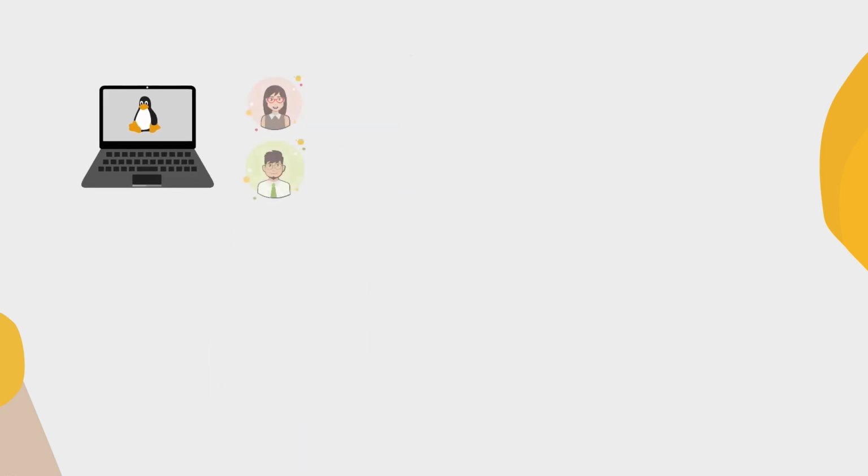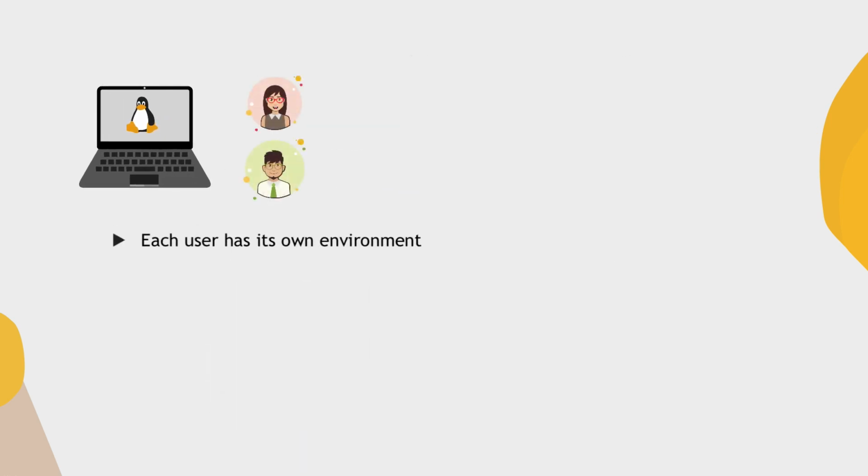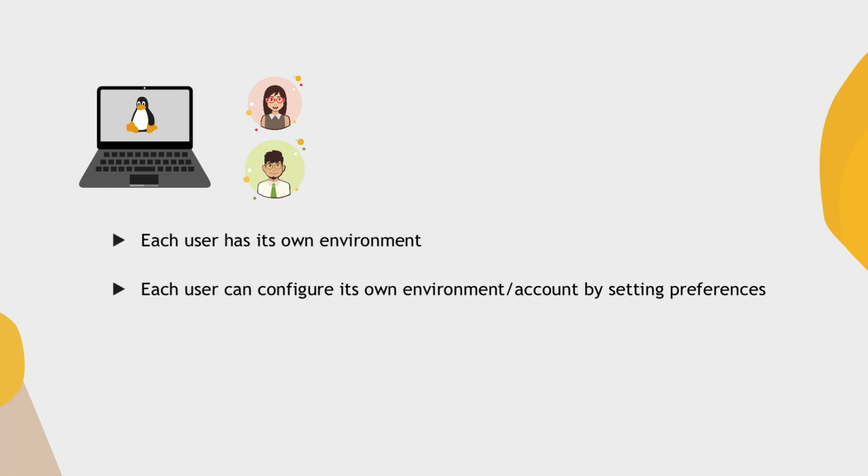So each user has its own environment where it works and executes stuff. And as you know, as a user, you can configure your space, your account basically, on an operating system by setting different preferences. Maybe you want a certain graphic user interface layout. You want the font to be bigger, you want different colors, you can configure all of that.